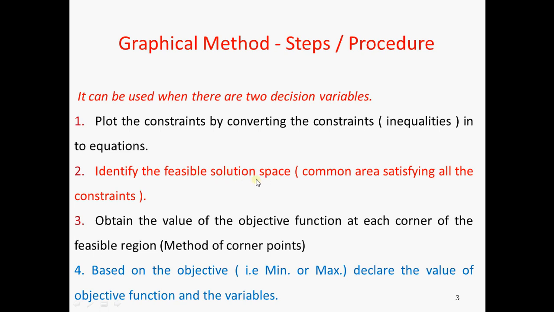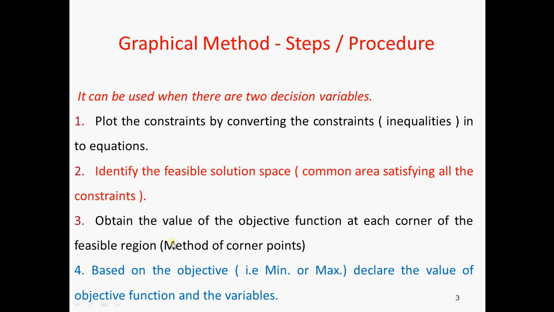Now, step 2: identify the feasible solution space or feasible region, that is, the common area satisfying all the constraints given in the problem. Now coming to step 3, obtain the value of the objective function at each corner of the feasible region.